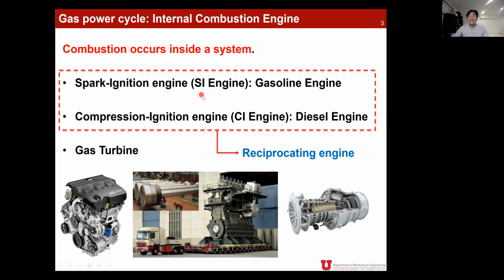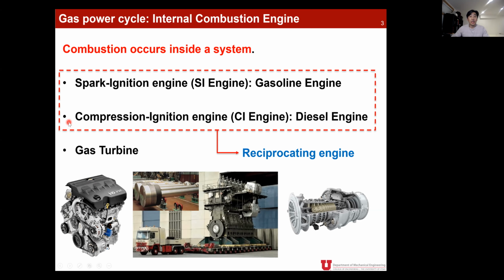This engine is basically a gasoline engine that uses gasoline as fuel, and that is a typical engine that we have in our cars. That is an example of the SI engine or gasoline engine. If you open the bonnet of your car, then in the middle, obviously you know what that is. You see that type of engine.